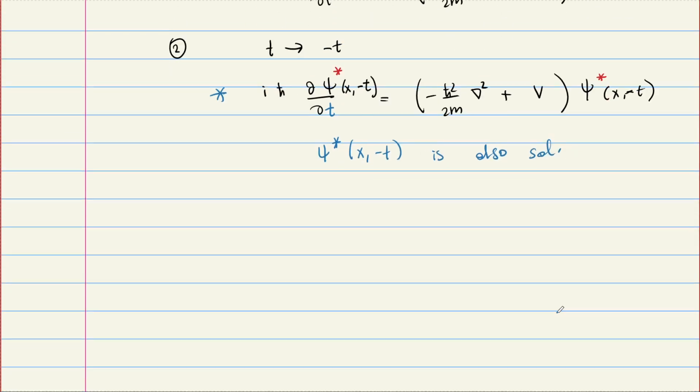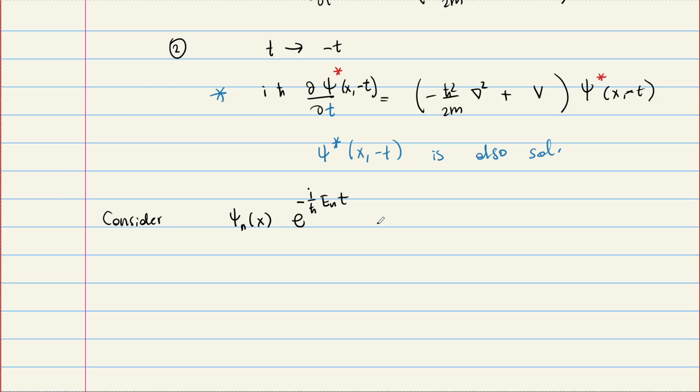Then we can think about energy eigenstates. So consider an energy eigenstate, a solution of the time-independent Schrödinger equation, and you have a set of ψ_n of x, and you put these trivial phases e to the minus i over ħ E_n t, and you have this energy eigenstate solution.